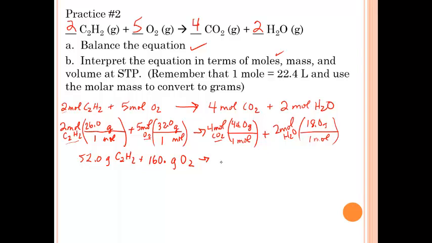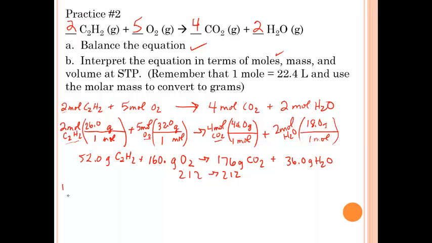My 4 times 44 gives me 176 grams of CO2. And my 2 moles times 18 grams is going to give me 36.0 grams of water. Now if you added all these up, just to double check your work, you're going to end up with 212 and 212. So it's always good that mass should always come out being equal on the reactants and the product side.